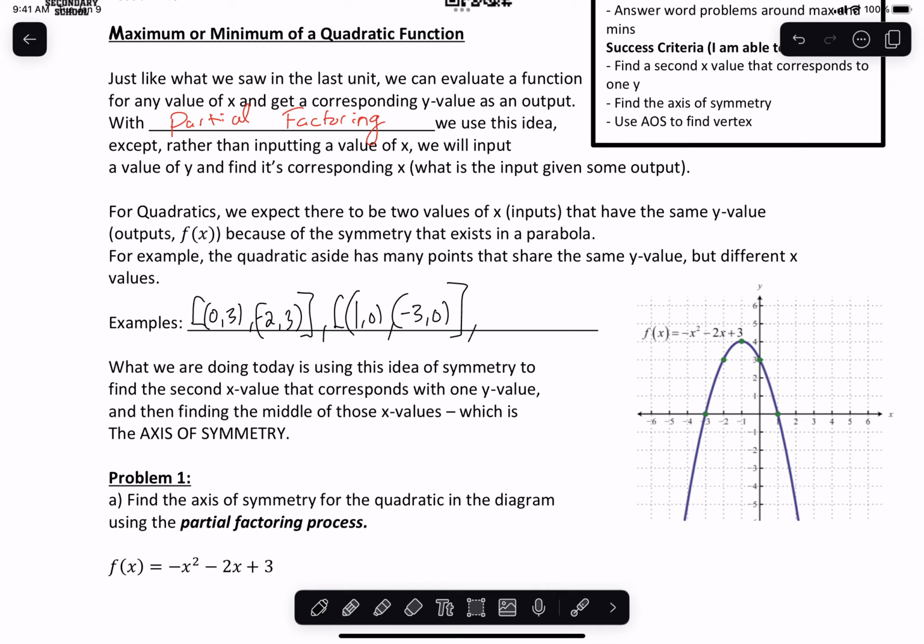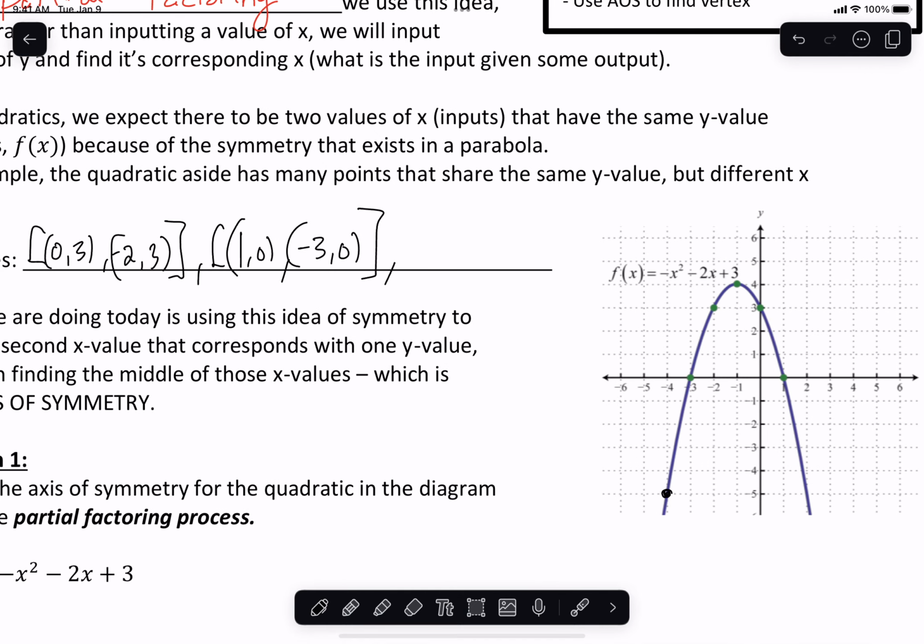I'll bring your attention down here. Gabe? Negative 4, negative 5. There's one. What's the mirrored image of negative 4, negative 5? That's right, buddy.